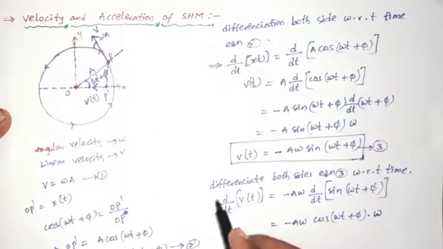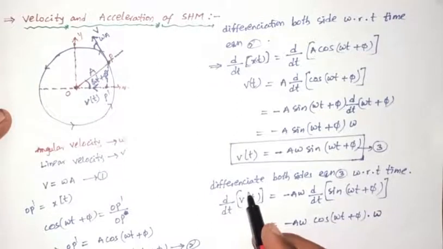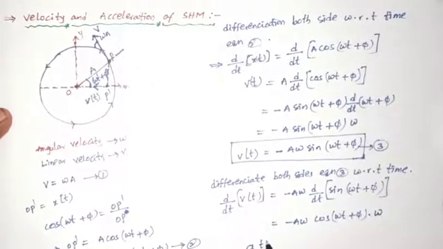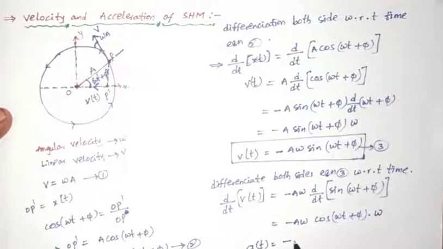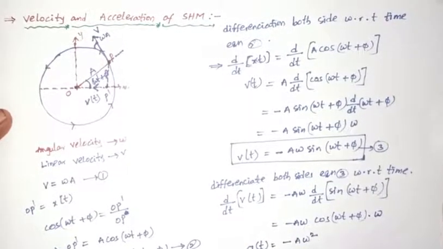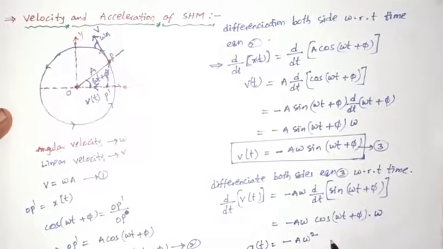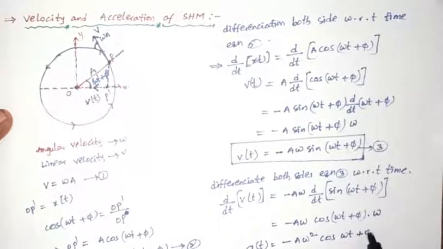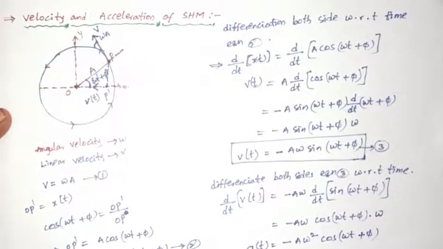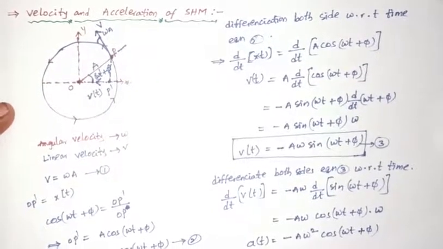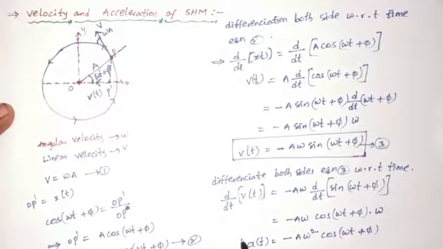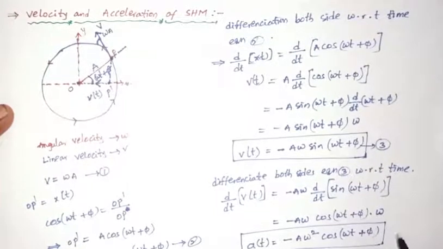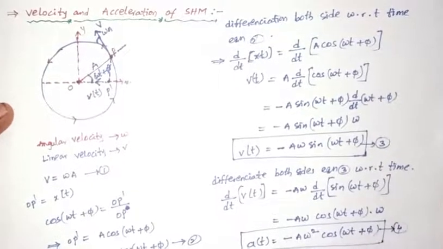The rate of change of the velocity is nothing but acceleration. So acceleration a of t equals minus A omega square cos omega t plus pi. This is the acceleration equation of the particle, equation number 4.